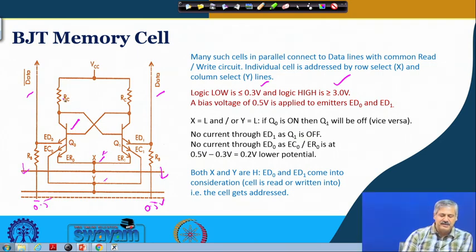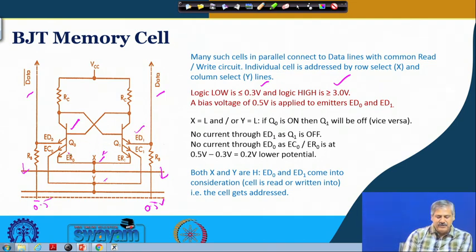So across this RC the voltage is say 0.3 volt or 0.2 volt, whatever the saturation value is. That will not be enough to drive the other one on. That is a small voltage, not more than the base-emitter voltage that is required, 0.6 or 0.7 volt. So this will be off at that time. If it is on, this is off.